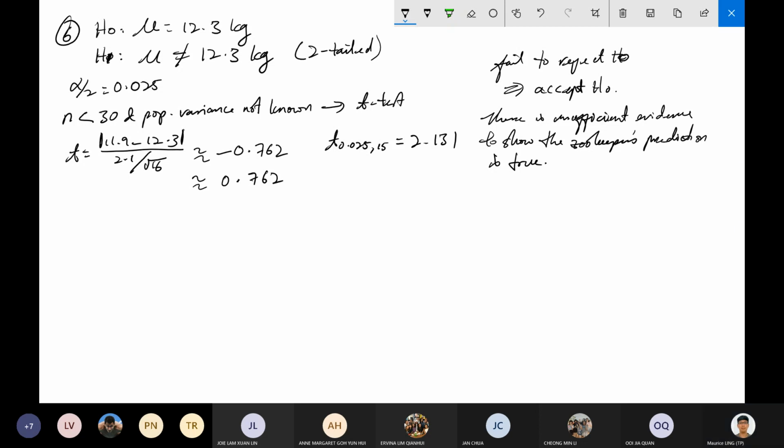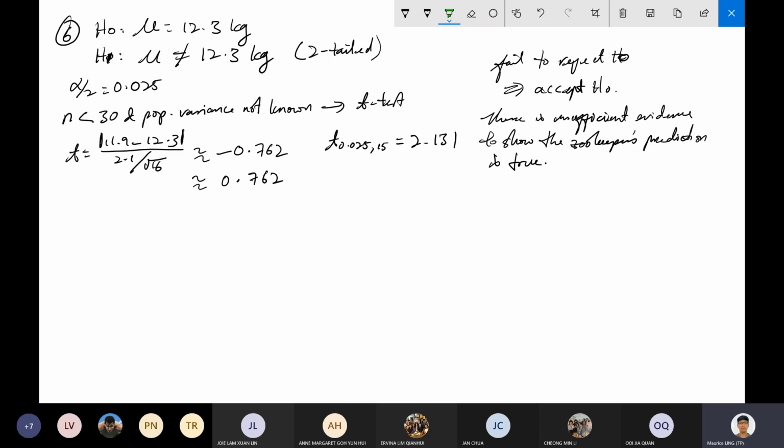Okay. At the end of the day, when we are teaching stats, do you know what's the one mistake that we are very frustrated about? Anyone? Rounding error? No, rounding error is fine. Rounding error is still okay.